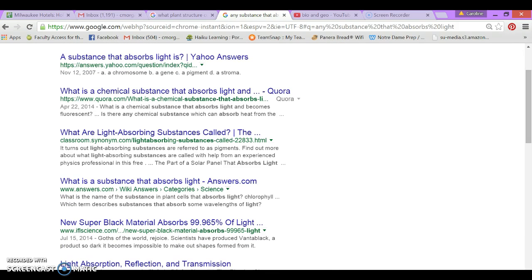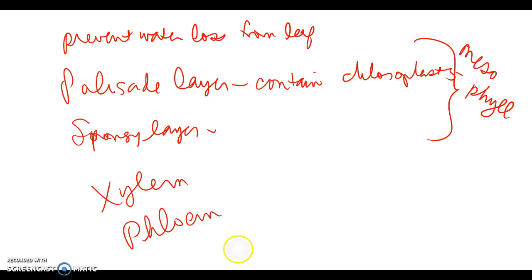Pigments. It turns out light-absorbing substances are referred to as pigments. That's probably what you would find in your notes, right? So pigment, any light-absorbing substance. All right, well, I think that should answer most of the biology questions, all right?